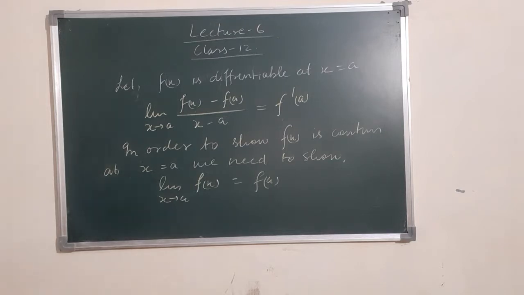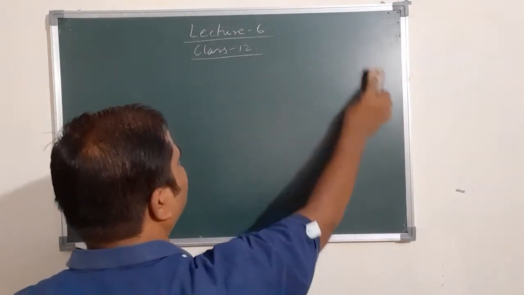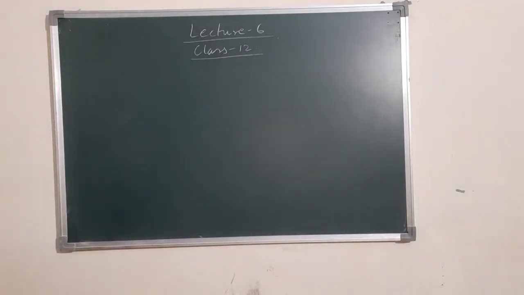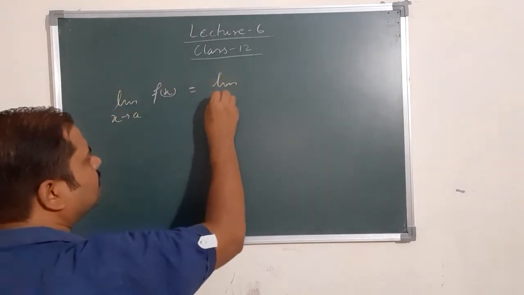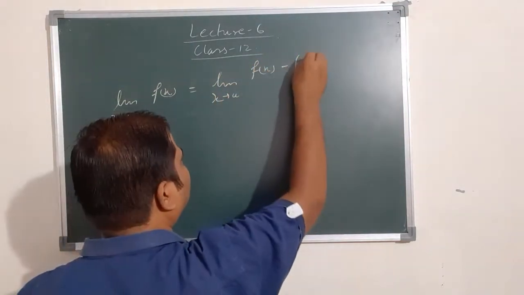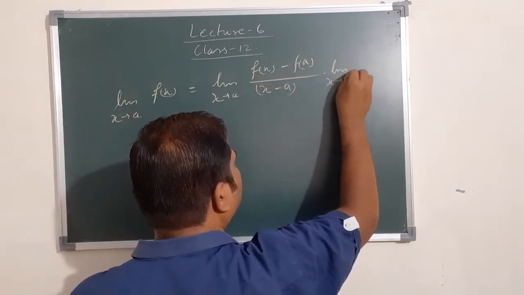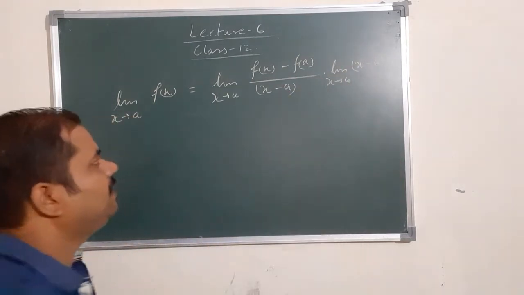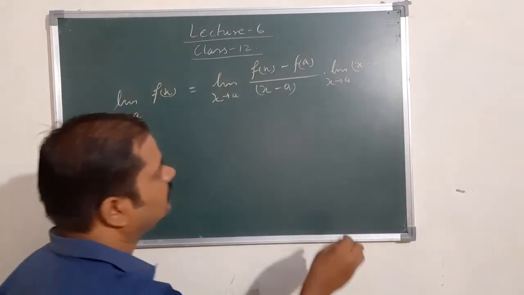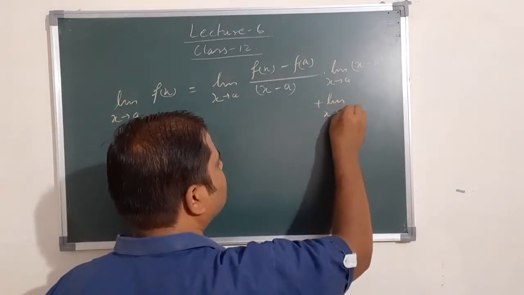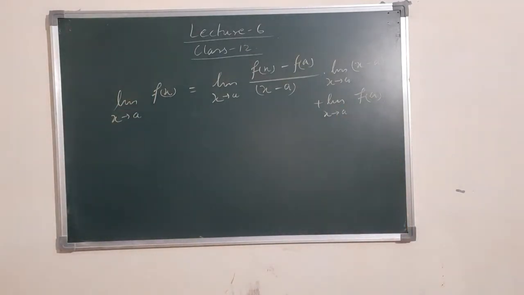Now we can write limit x tends to a f(x) as limit x tends to a of (f(x) minus f(a)) divided by (x minus a), into limit x tends to a of (x minus a), plus limit x tends to a f(a).